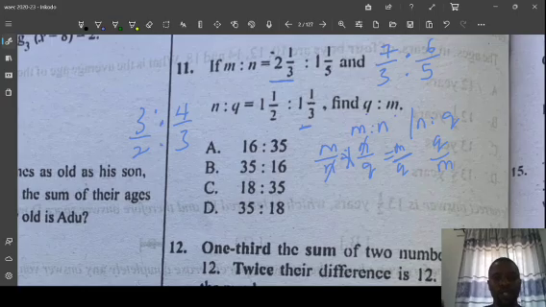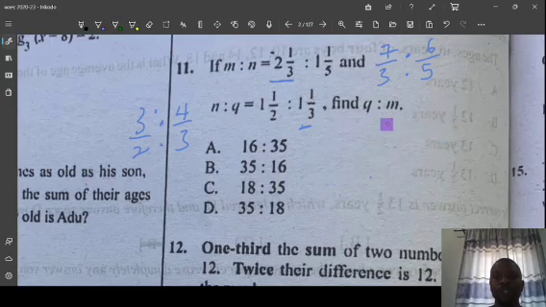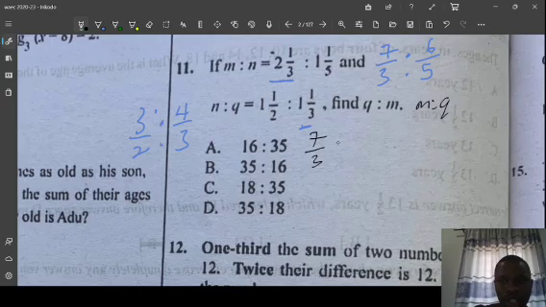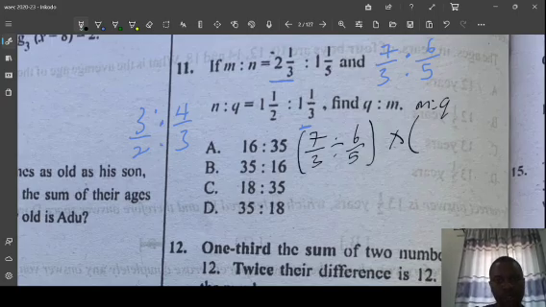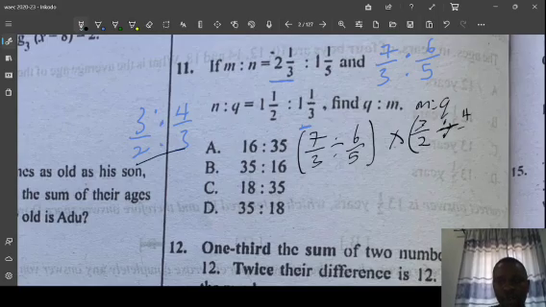So let's proceed by multiplying. I'm going to multiply the two ratios given in the question, so I can be left with a ratio that is equivalent to m ratio q. Then I'm just going to invert it. So I have 7 over 3, the first ratio, divided by 6 over 5, times the second ratio, 3 over 2 divided by 4 over 3.